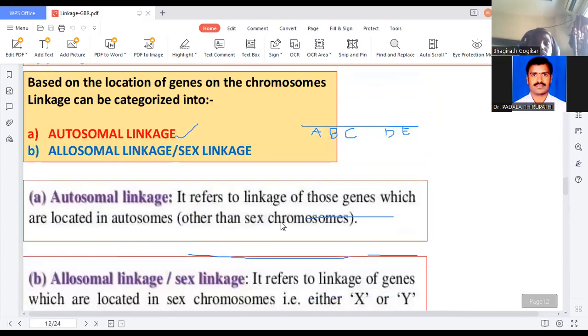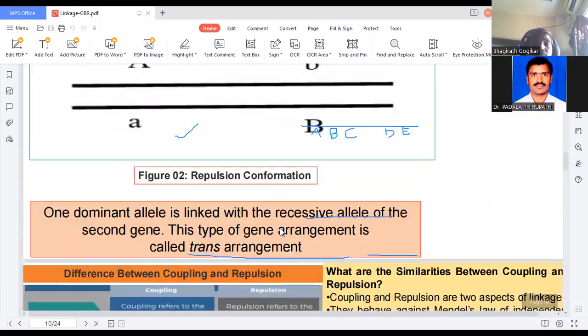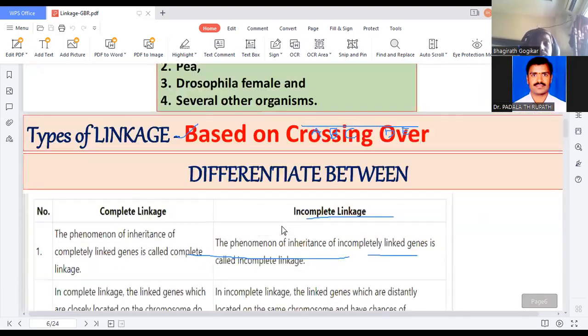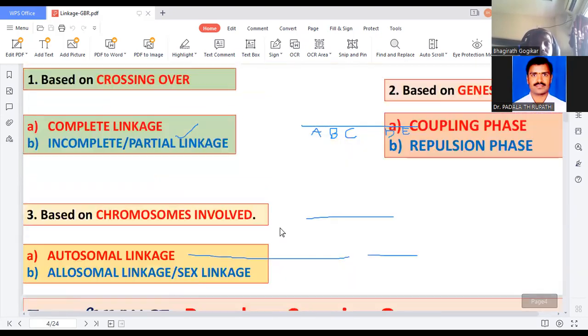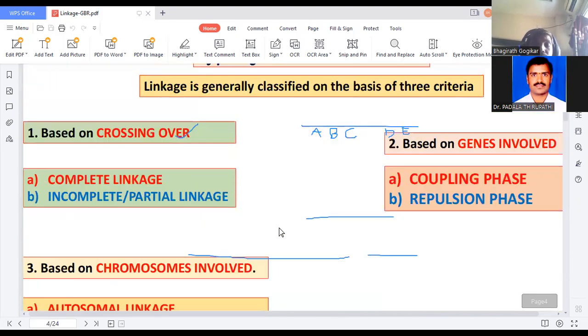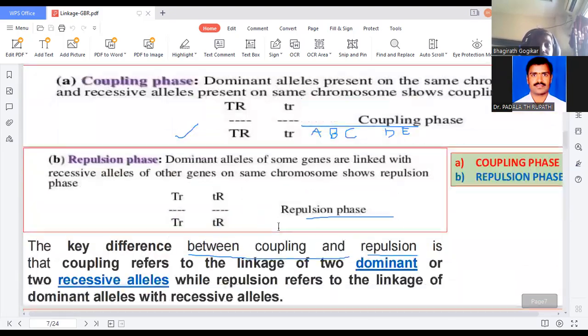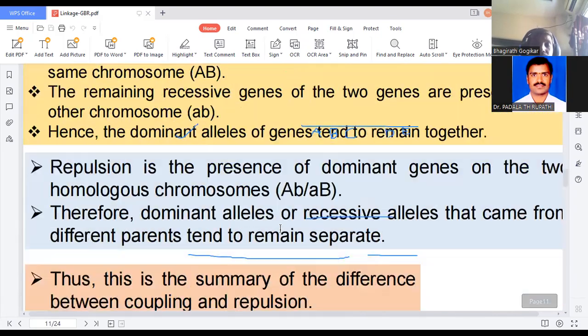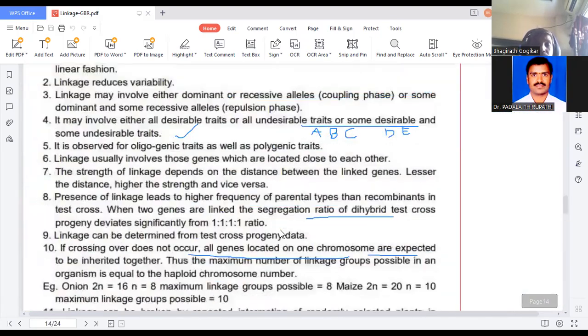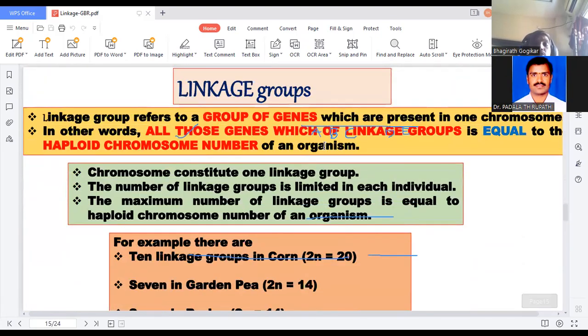So we can go to one slide with an example. A linkage group refers to a group of genes which are present in one chromosome.